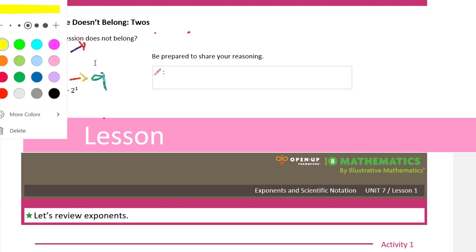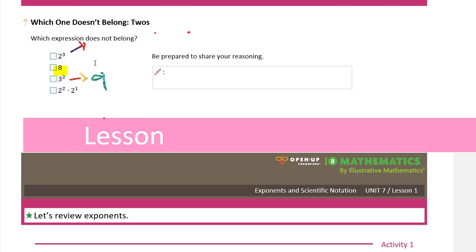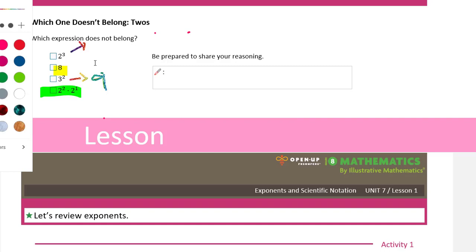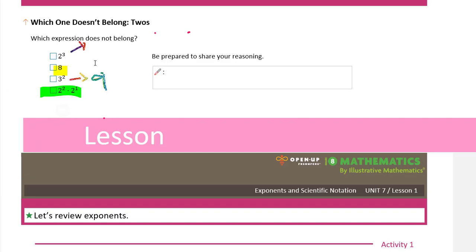So we could say that one doesn't belong because it's the only one without an exponent. We could say that this one doesn't belong because of the multiplication symbol that it uses right there. It's the only one that has an expression with a multiplication symbol. The rest of them are just using exponents or plain old numbers. So depending on your reasoning, you could pick any of those.